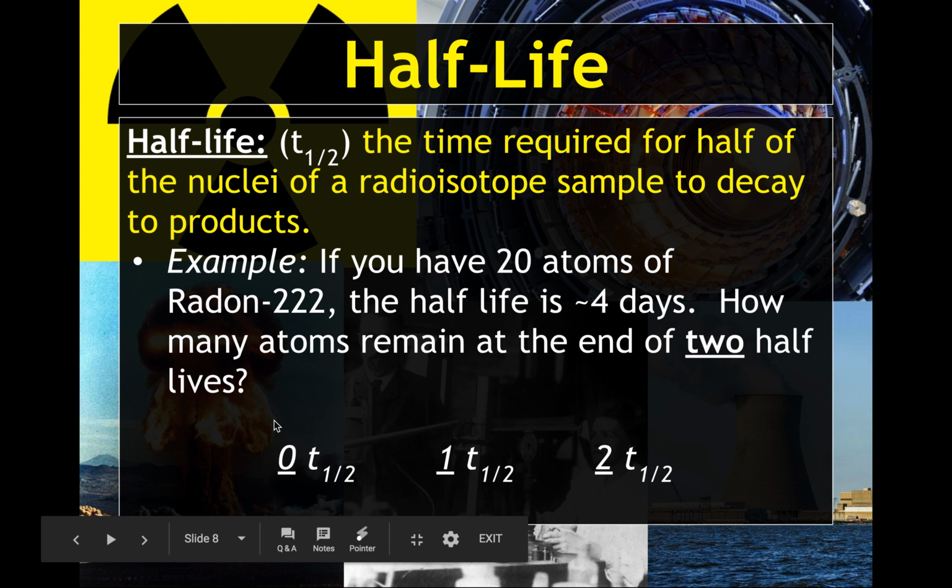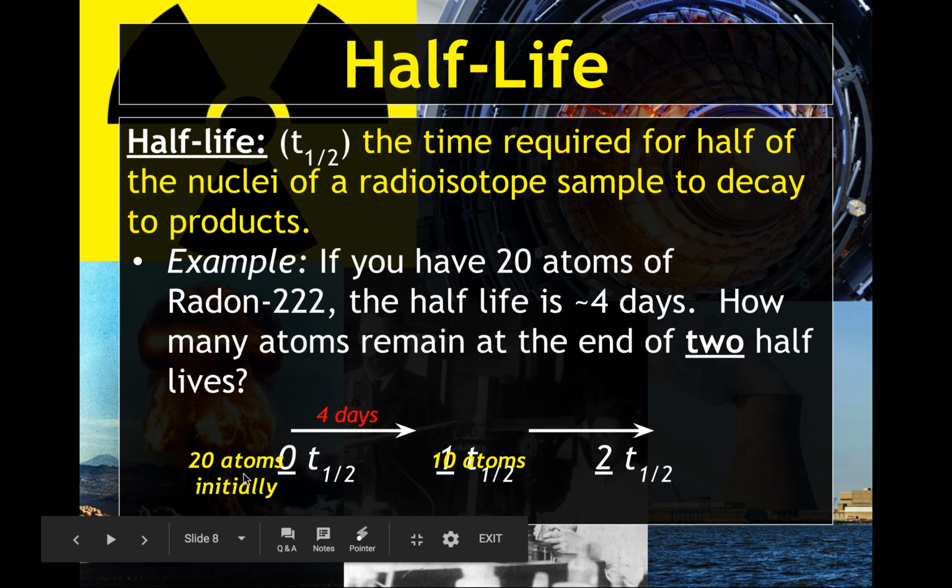So we have time 0, our start time, where we're going to have 20 atoms. We have our first half-life, and then our second half-life. Well, we start with 20 atoms initially. We go through our first half-life, which takes 4 days to happen. We're going to end with 10 atoms at the end of our first half-life.